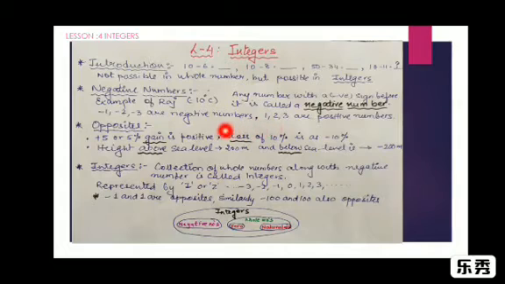Similarly, you go to the left of 0, and the numbers are minus 1, minus 2, minus 3 in that order. All such numbers indicated with a negative sign are your negative numbers, and they are all less than 0.